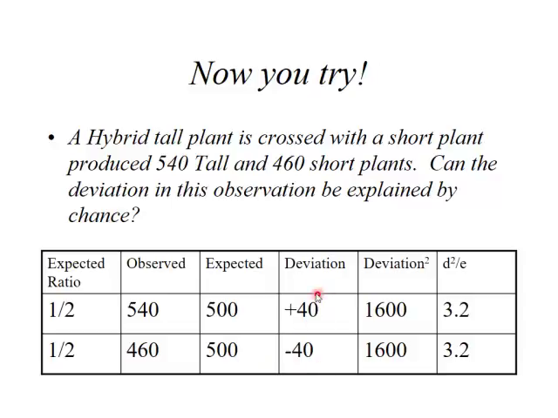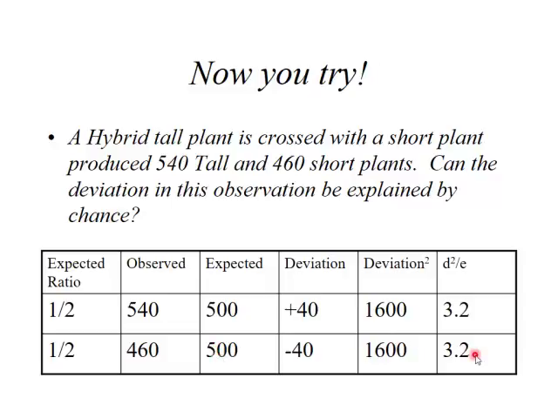Then we square these deviations, so +40 times +40 is 1,600, and -40 times -40 is also 1,600. We take that deviation squared and divide it by the expected, so 1,600 divided by 500 gives me 3.2. And here we have 1,600 divided by the expected 500, and again it gives me 3.2.